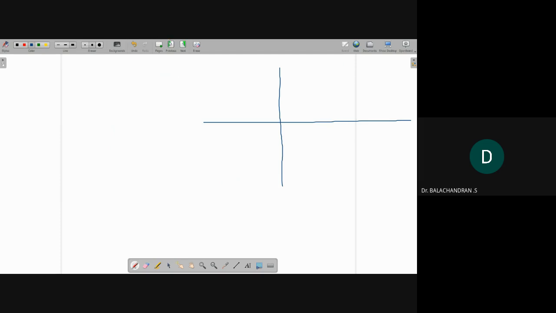So I think you have x square equal to 4ay, and then y square equal to 4ax.